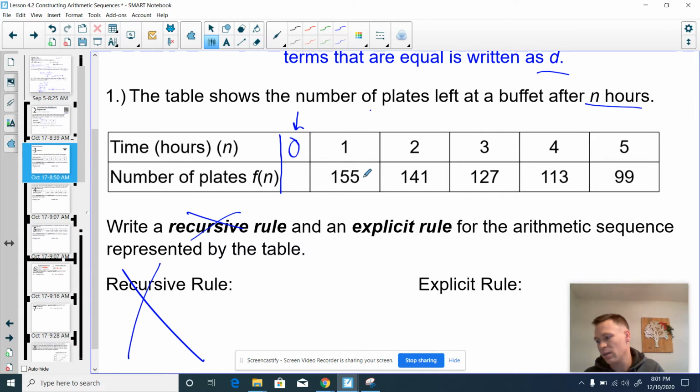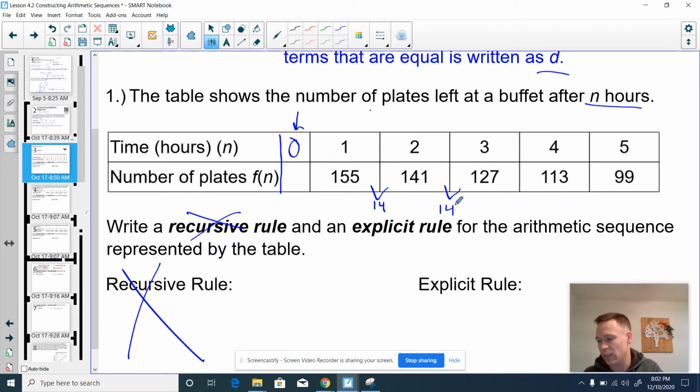I'm going to take the 155 and subtract 141, and I get 14. And if I subtract 14 again, 141 minus 14 gives me 127, so I know that this is the same common difference.